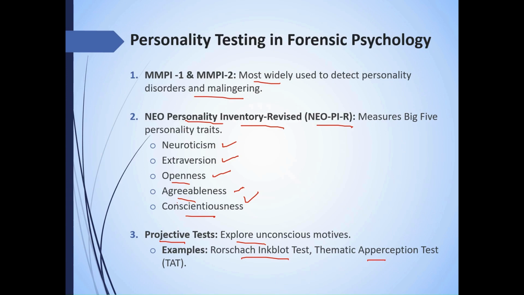For example, let's take the case of the Rorschach Inkblot test. This test was developed by Hermann Rorschach in 1921. It consists of 10 inkblot cards, some black and white and some colored. The person is asked what this might be for each card, and there are no right or wrong answers. The psychologist analyzes how the person interprets the image, and what it reveals about the thought process, emotional control, and personality organization.